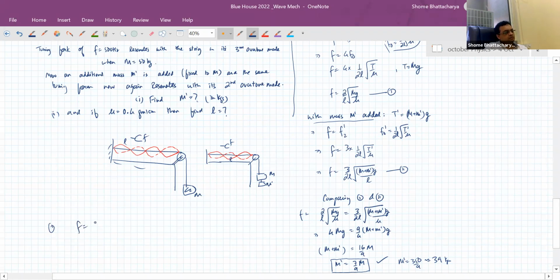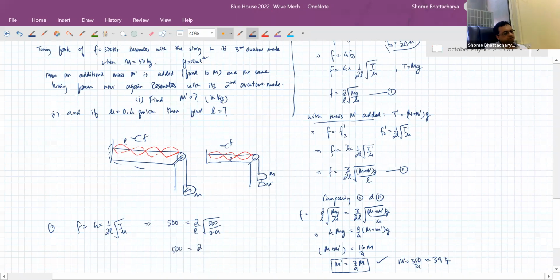F is equal to fourth harmonic. It was 500 hertz, I think. That is 2 upon L times square root of, we take g as 10, divided by 0.01 when I do it in SI units.